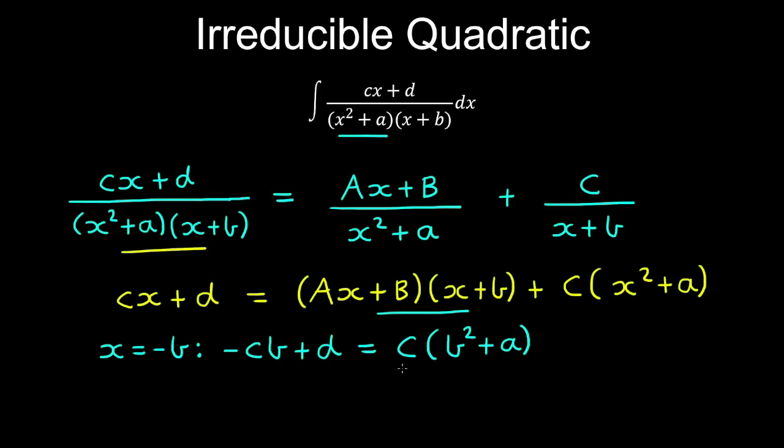And you can solve this for c. And you can equate coefficients to obtain the remaining constants. So I'll leave that for you as an exercise. And then integrating this sum is much easier than integrating this rational polynomial function.